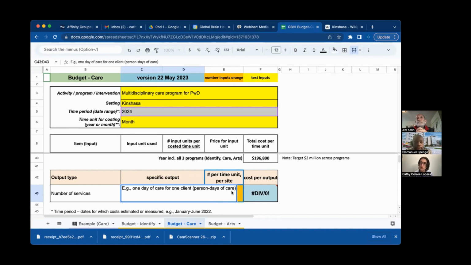Good. Okay. So how many people do you think we can attend each day, Emmanuel? I think for me, for 20 days, I can receive 5 patients per day. So for a month, it can be 100 patients.